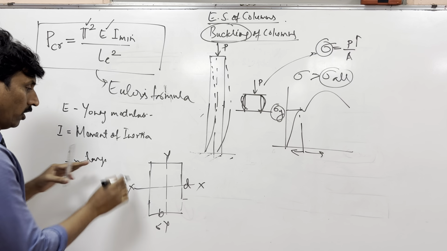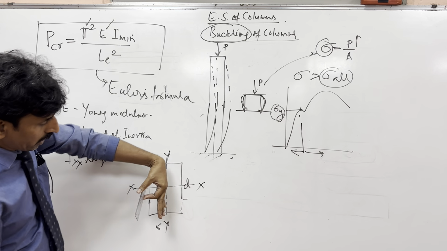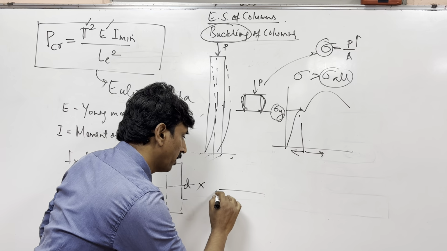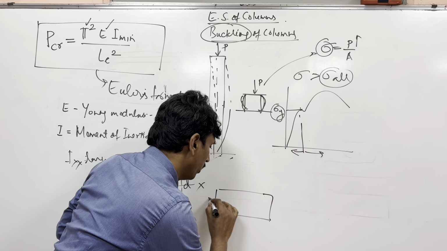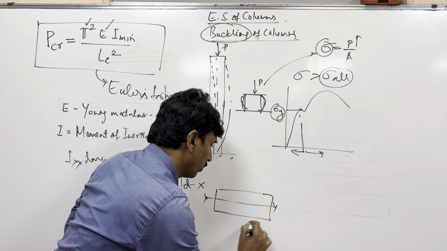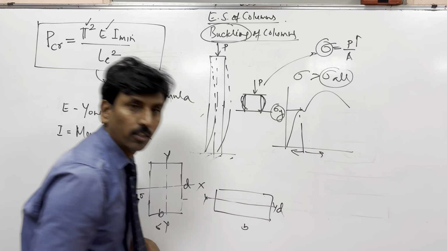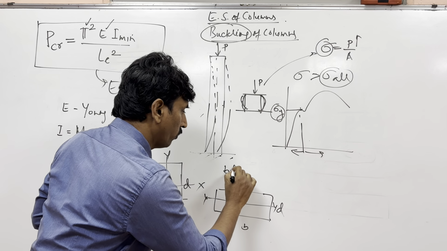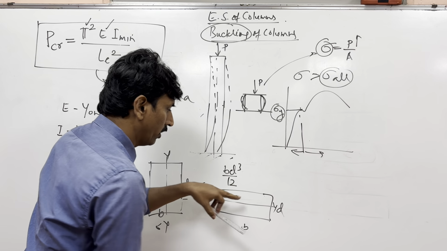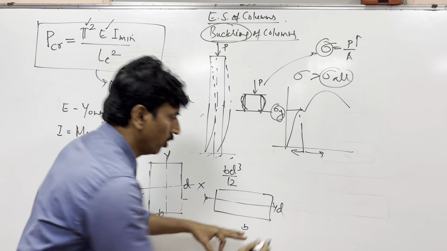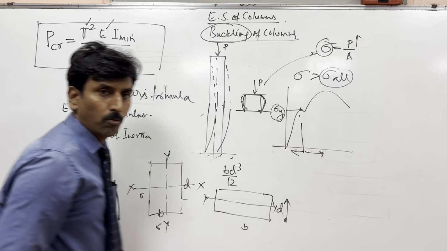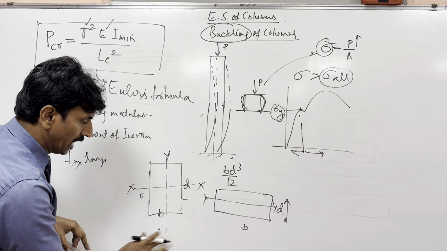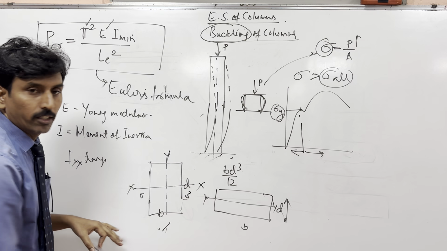But if I take Iyy, then this becomes B and this becomes D, so the value of BD cube by 12 will be smaller because D is smaller. Imagine that this side is 1, this side is 3.